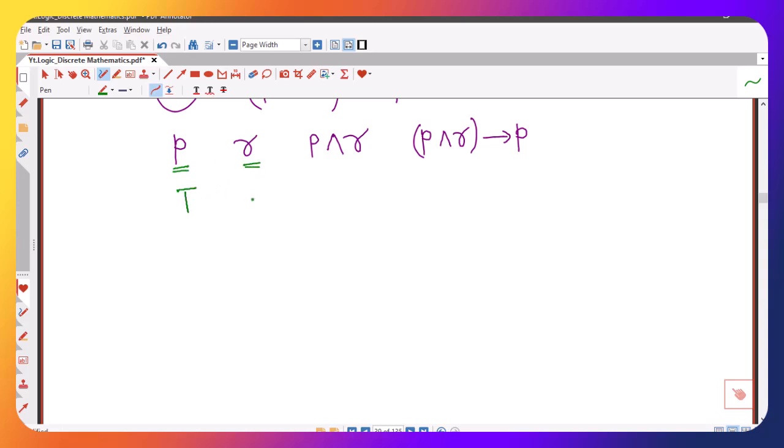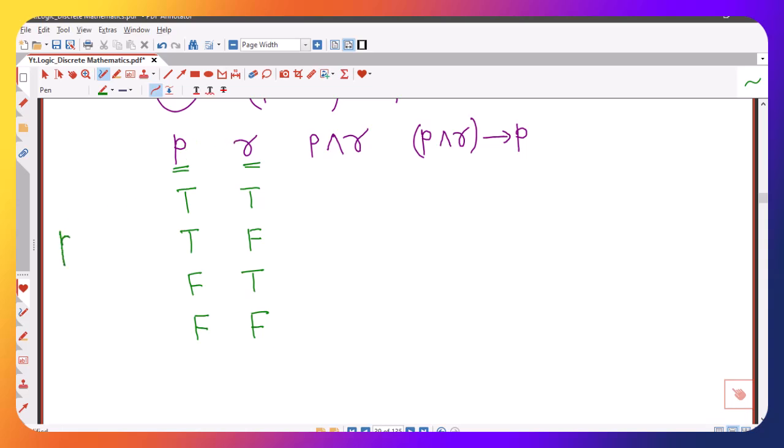That is, P is true, R is true; then P is true, R is false. Similarly, suppose P is false, then R is true; and P is false, R is also false. These are the 4 different possible combinations for truth values of P and R.